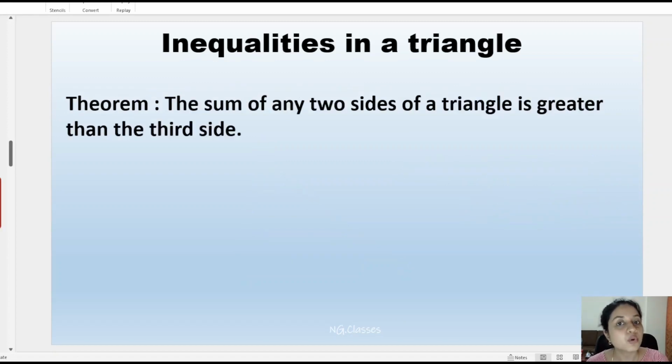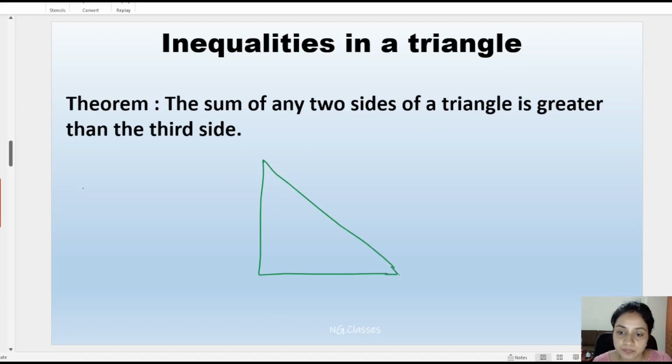Now let's see one more theorem. Our last theorem says the sum of any two sides of a triangle is greater than the third side. Let's say we have a triangle ABC. Side AB is 4 centimeters, side BC is 3 centimeters, and side AC is 5 centimeters.